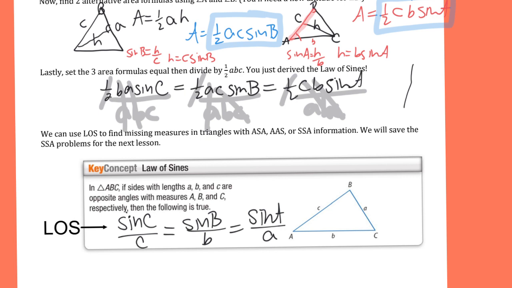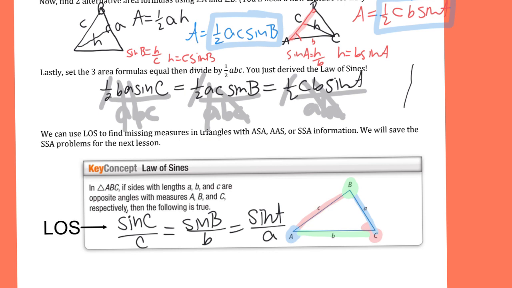What I mean is that if you write the sine of C over the length of side C, that proportion, the bigger the angle, the bigger the side across from it, is going to be equal to the proportion of the sine of A over the length of A's side, which is also equal to the sine of angle B over the length of side B.